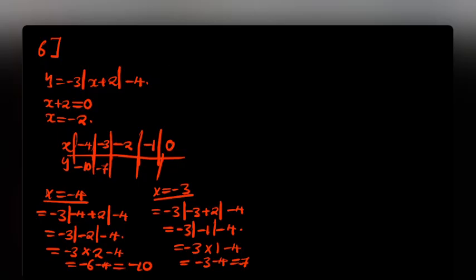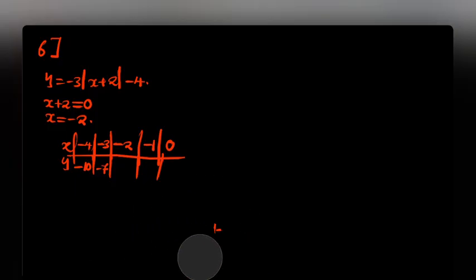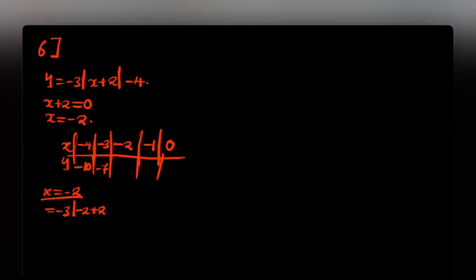Again, if we do the same, where there is x, we substitute with negative 2 this time around. So we have negative 3, then the modulus of negative 2 plus 2, then minus 4.